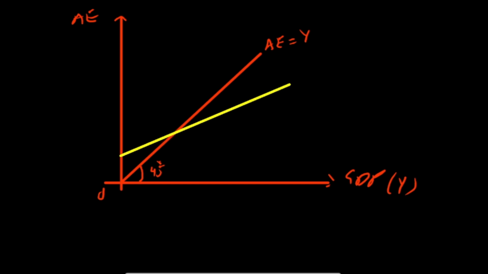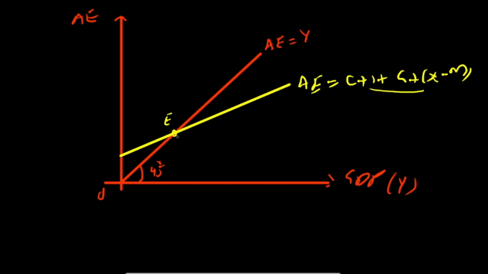This is the aggregate expenditure line, where aggregate expenditure is equal to C plus I plus G plus X minus M. If the economy is an open economy, we write this complete equation. Otherwise, if it is a closed economy without international trade, then we need not write down X minus M. All else will remain the same.